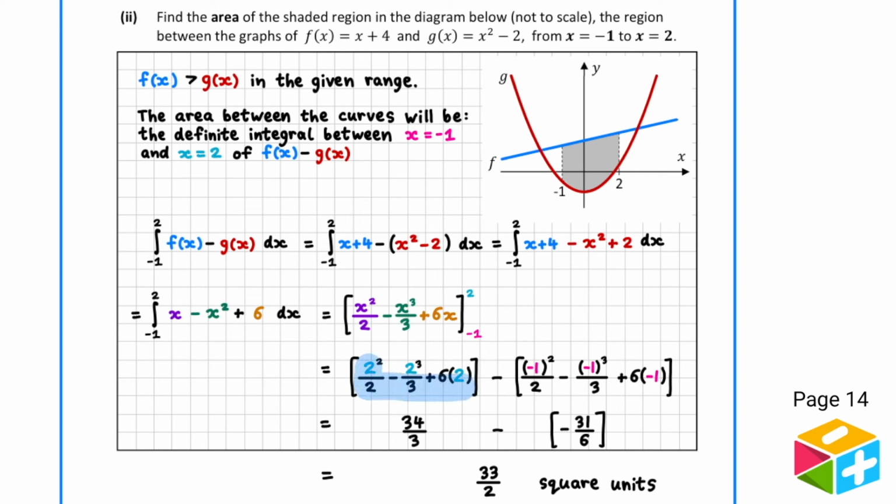When we sub in the upper limit, it comes out as 34 over 3. When we sub in the lower limit, it comes out as minus 31 over 6. To obtain our final answer, we simply need to calculate 34 over 3 minus 31 over 6. This comes out as 33 over 2 square units.